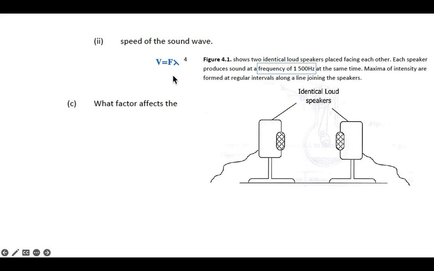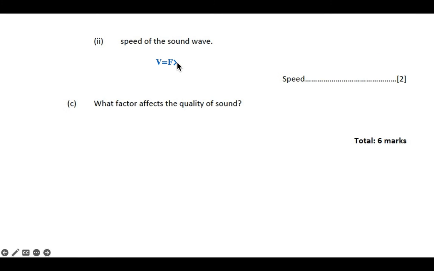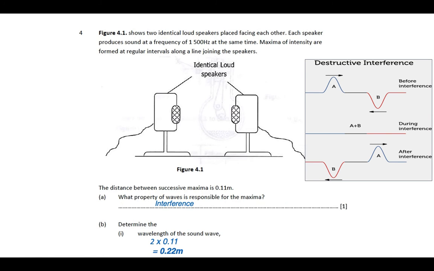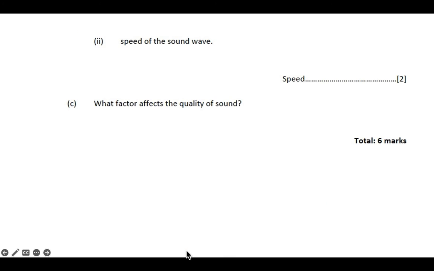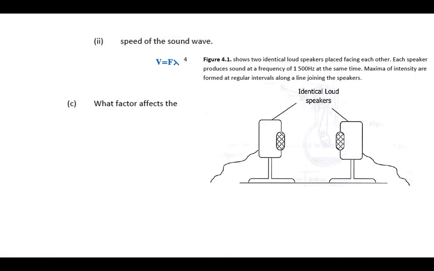So our frequency given, we have 1500 Hz. And then what are we given as the lambda, or wavelength? Lambda is the wavelength. If we look at the previous parts, we are given the wavelength to be 0.22 meters. So we set this in the formula, and from there we find the answer.